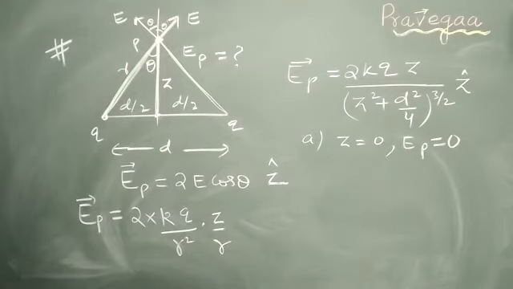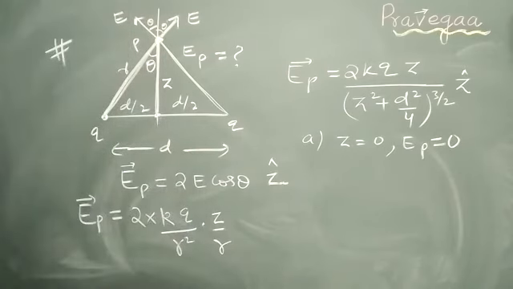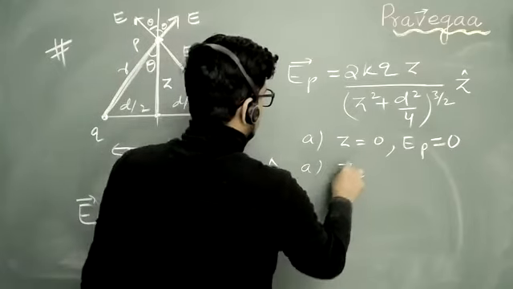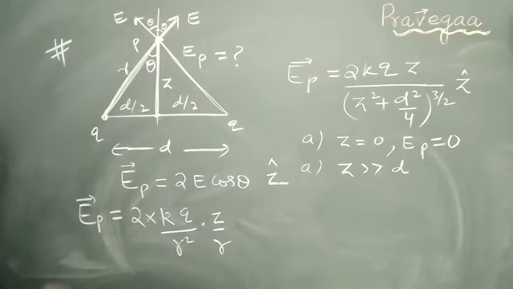Now let us take this z very, very far, and let us see what happens. If z is very, very far, it will be greater than this distance, right?